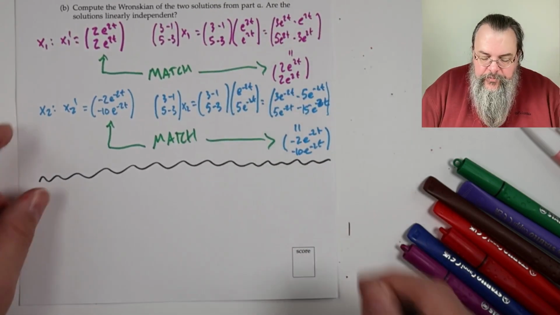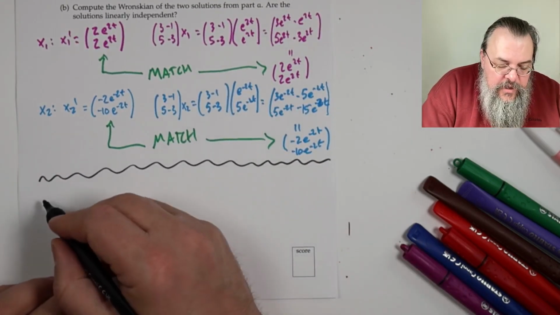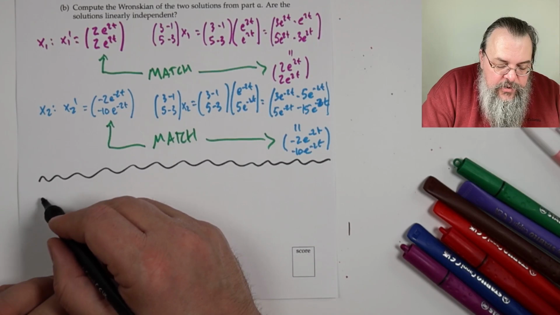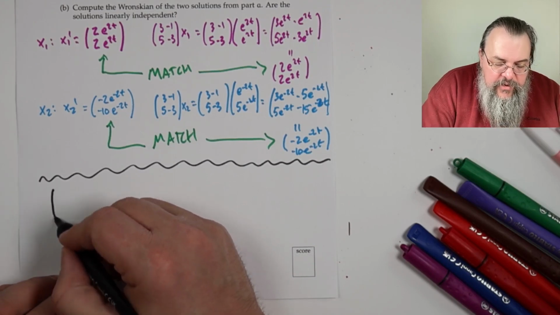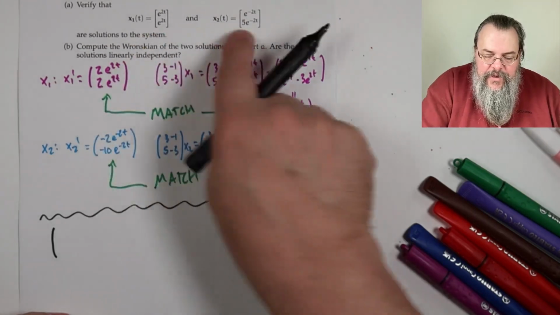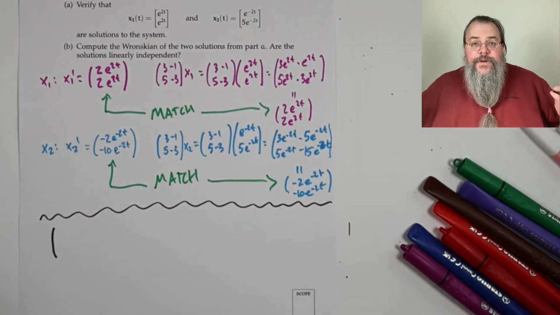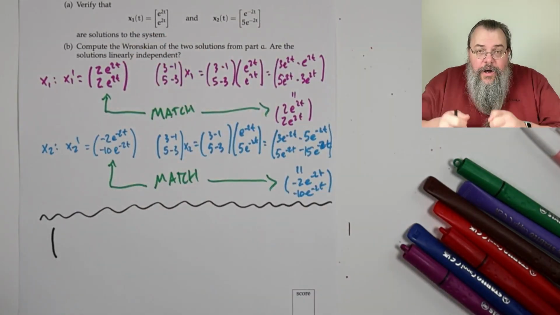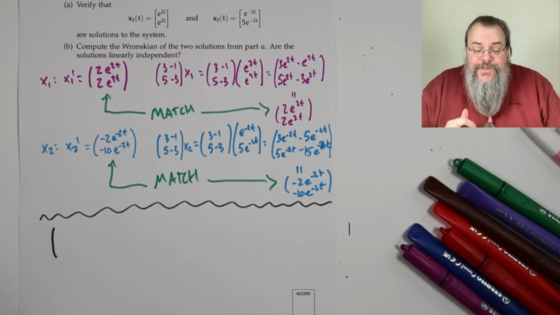Well, how do you form the Wronskian? The way you do the Wronskian is you make a matrix. You're like, what? A matrix? Who would have thought? I want to make sure we can see x1, x2. And what you do is this matrix, the columns are the solutions.